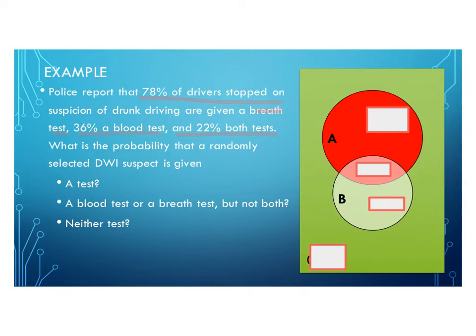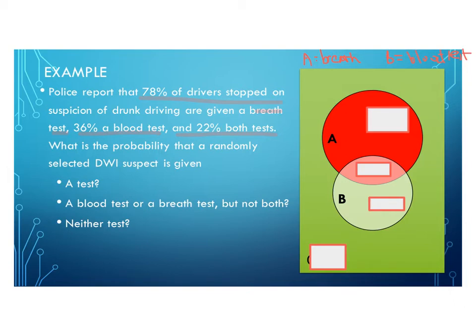Sometimes what helps me is to draw a Venn diagram. So we can say event A is the breath test, and event B is the blood test. Now, because we have 22% that have both tests, we have overlap.